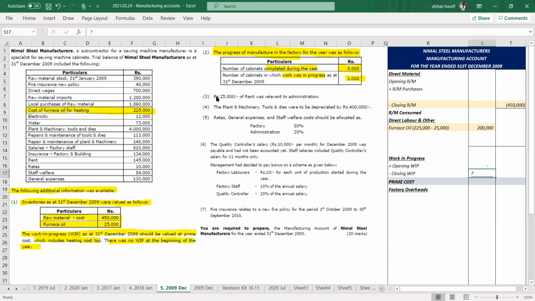Number 3, 25,000 of rent was relevant for administration. Rent is given here, 145,000. Out of 145,000 rent, 25,000 is for admin, so we have to deduct it. 145,000 minus 25,000, so only 120,000 belongs to the manufacturing.